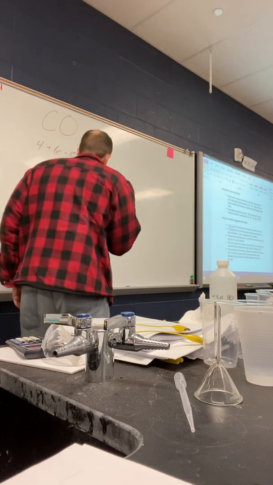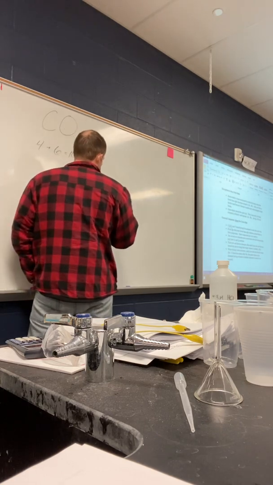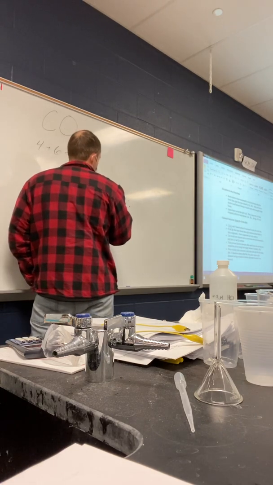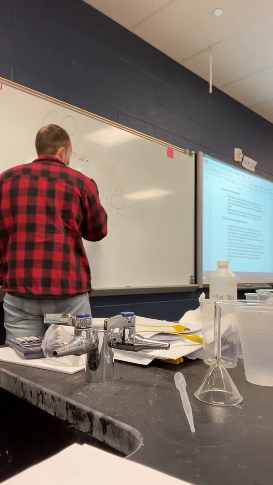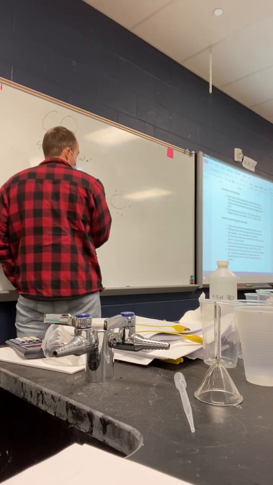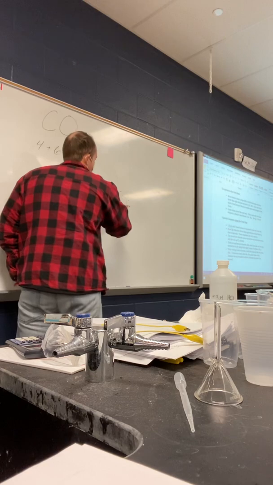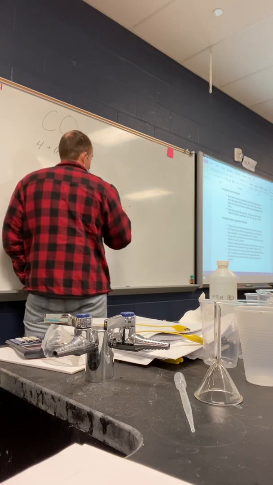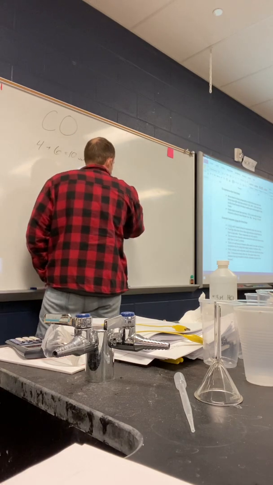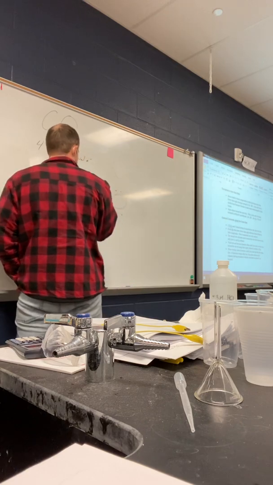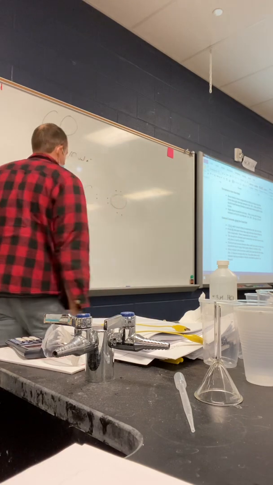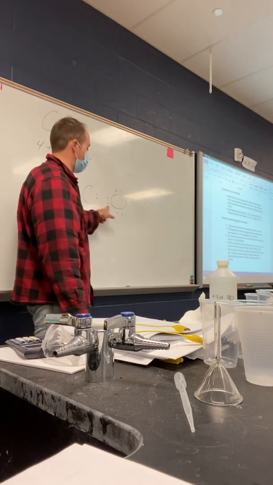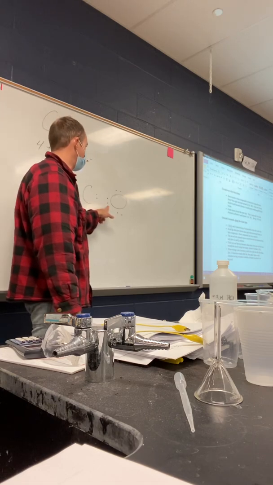All right, well, I have these two already being shared. So carbon right now has 4 valence electrons. Oxygen right now has 10, way too many. So I'm going to take away 1 pair of those, and I'm going to give it to carbon. 2, 4, 6. Okay.